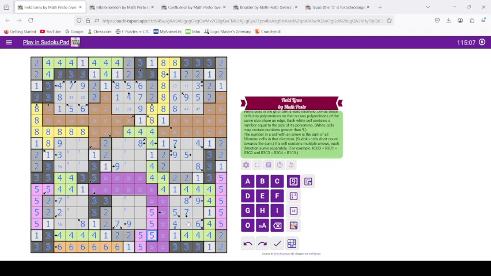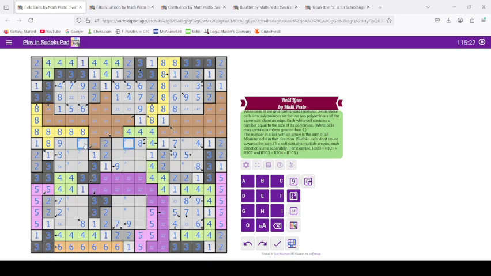Okay, we'll start from this box, 1, 2, and 3. This one's a 1, make it single. 2 and 3 looks at it. These are 2 and 3. 8, 9, 7, 6. 6 goes in one of these 2.